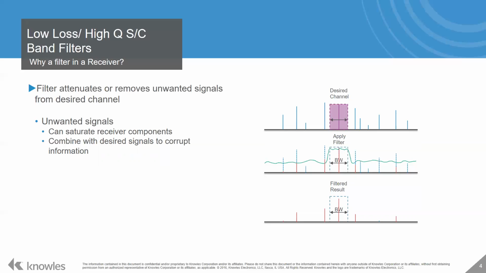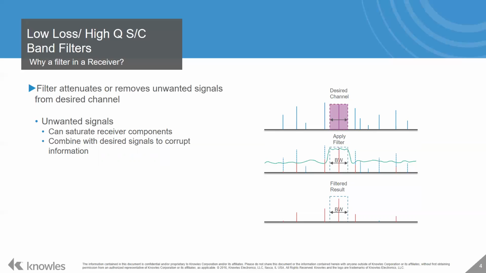I put a real filter over the top of that spectrum, and you can see the dashed lines represent the amount of attenuation as a result of the filter, and the solid lines underneath show the remaining signal after the filter application. The filter result is shown on the bottom.